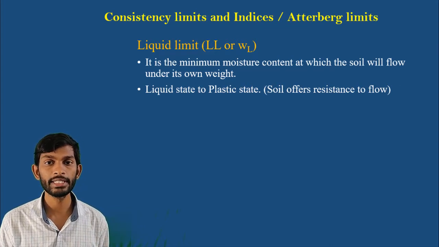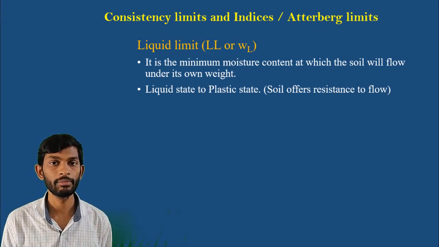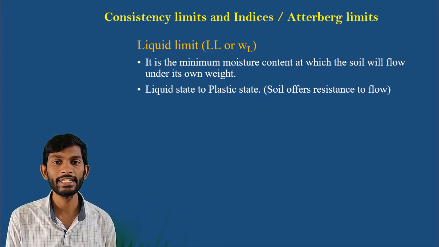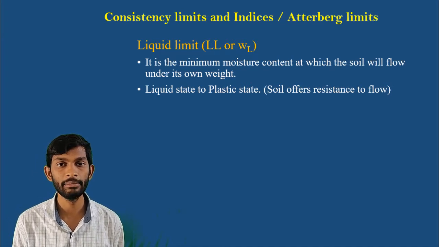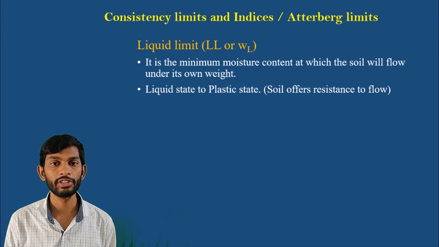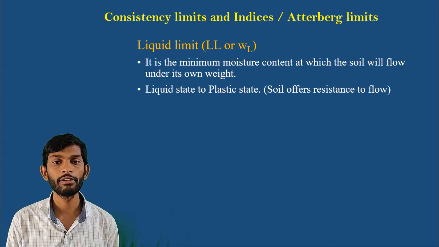Now in liquid limit state, the soil will convert from liquid state to plastic state. So you all know plasticity or the plastic limit is defined as: without making a fracture or without making cracks, you can remold the clay or mold the soil sample into our convenient shape.